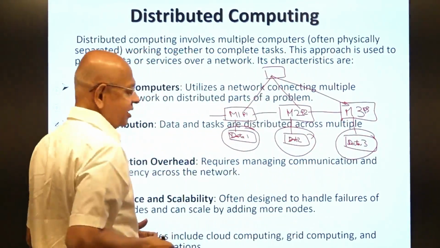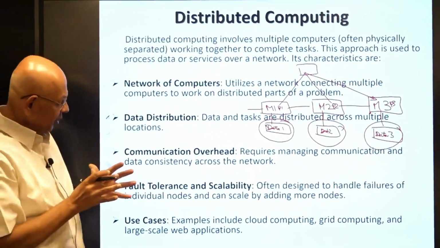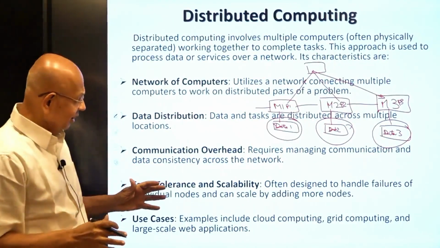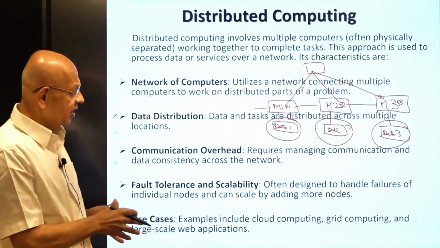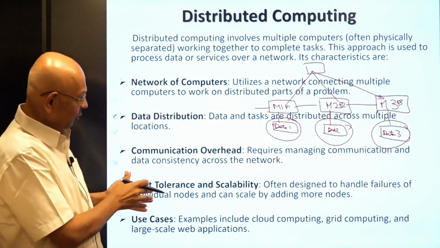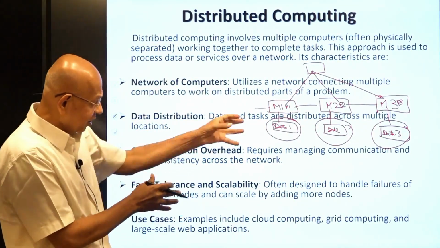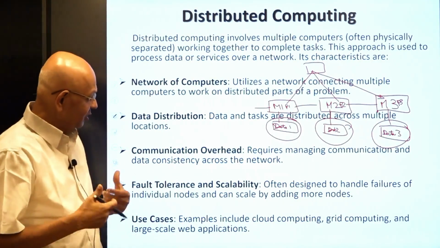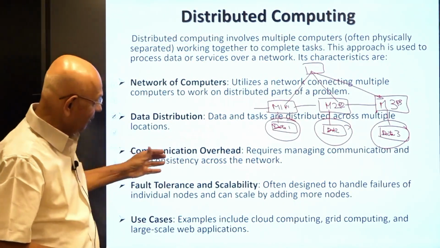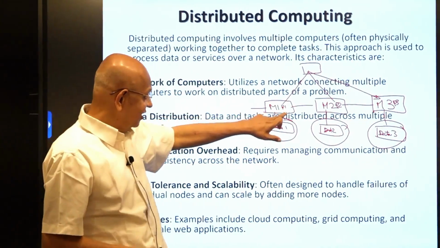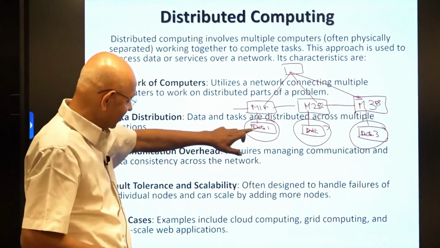So it is the job of the central coordinator to distribute the processes so that they run on different machines, and on each machine there would be their own data. For their data they do not have to go to a central place, so they are fast. So data and tasks are distributed across multiple machines.